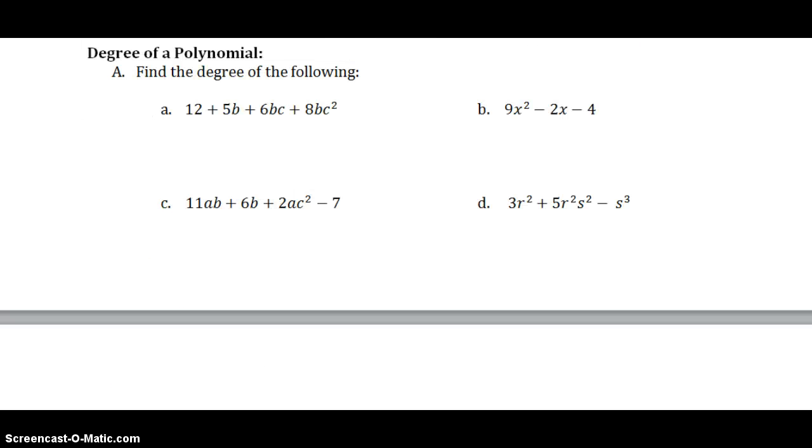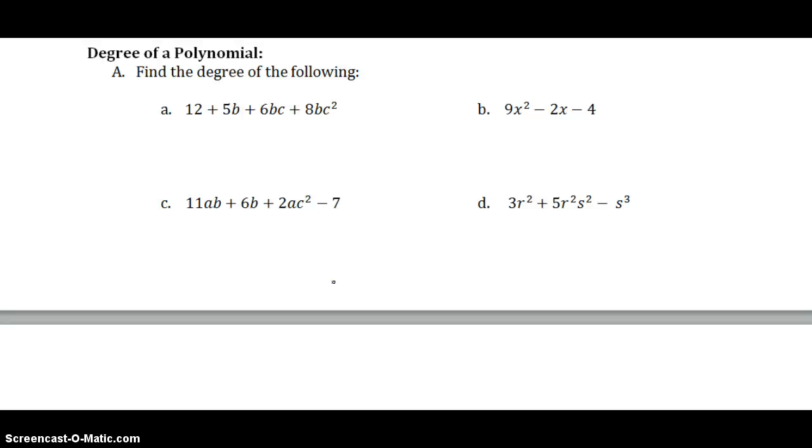Next, we need to practice determining the degree of the polynomial. Reading from the first page, let's go back. The degree of a polynomial is the highest degree of any term. Now, how do I determine the degree of one term, one monomial? I have to add all of the exponents.